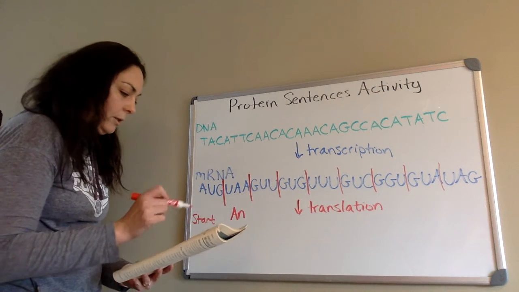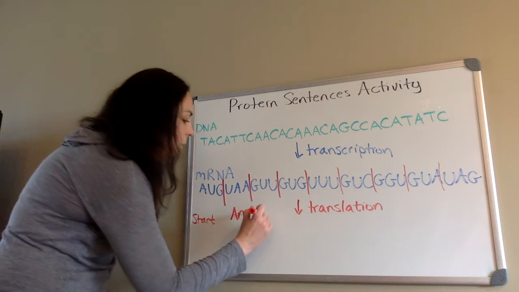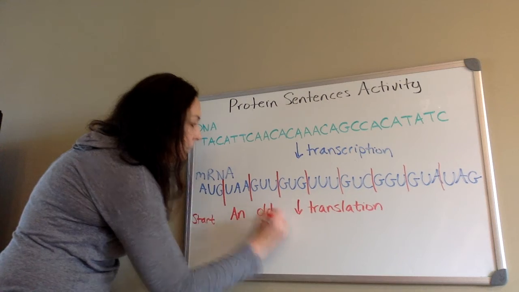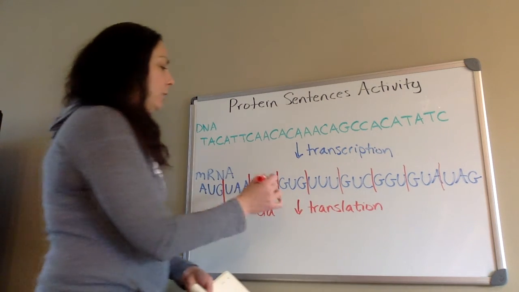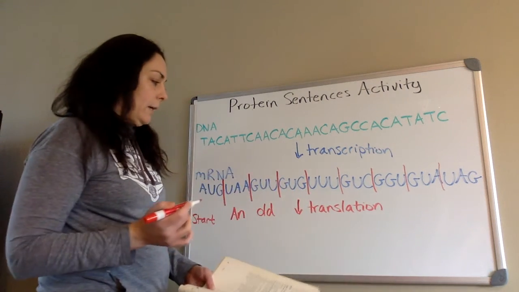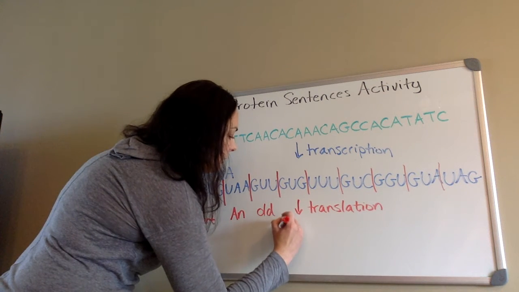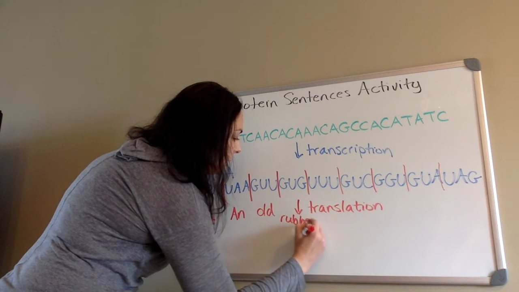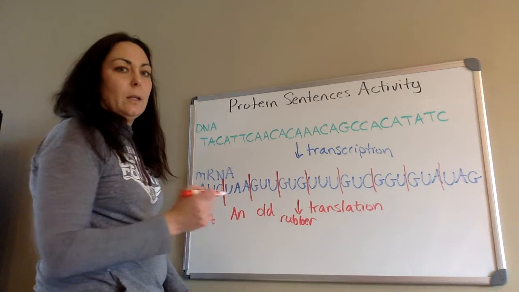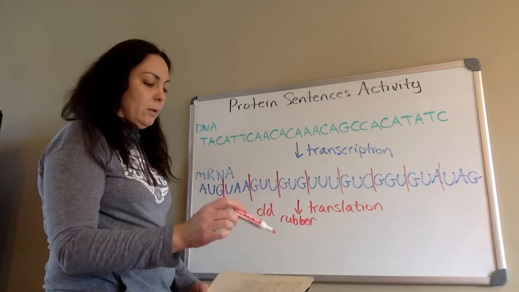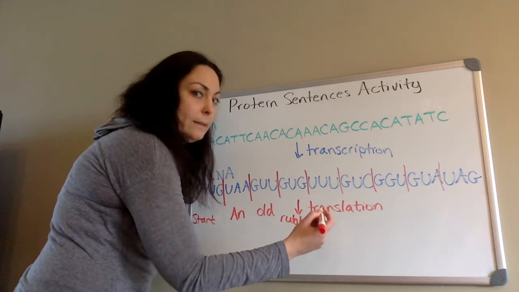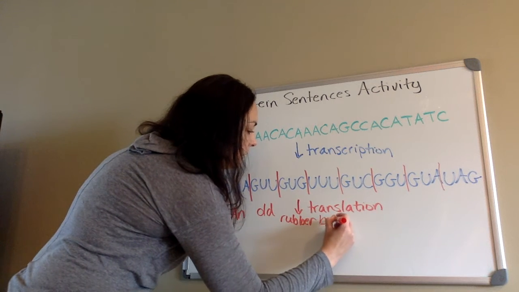GUU, if you look at your chart, should be old. GUG, if you look that up, should say rubber. Then UUU on the code chart should be band. So you write in band.